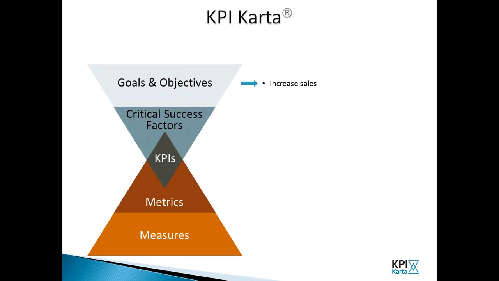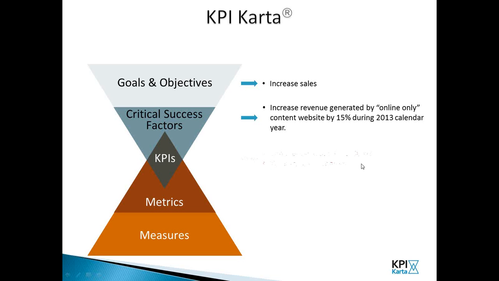So their goal and objective was to increase sales. The critical success factor became to increase revenue generated by online-only web content by 15% during the 2013 calendar year. And the KPIs became to look at the completion percentage of funnel starts.